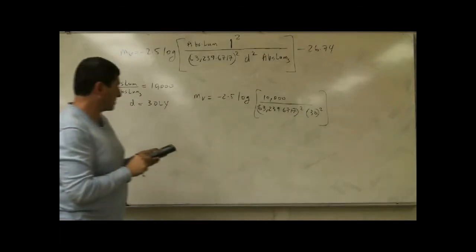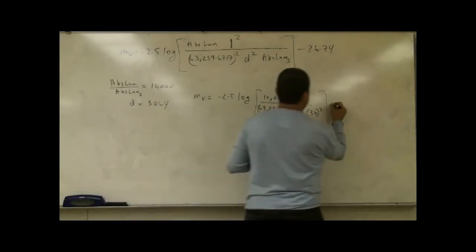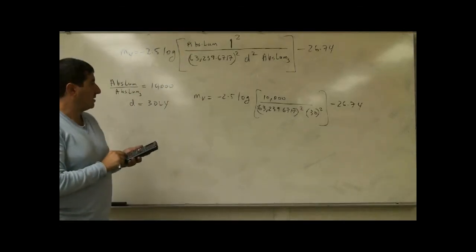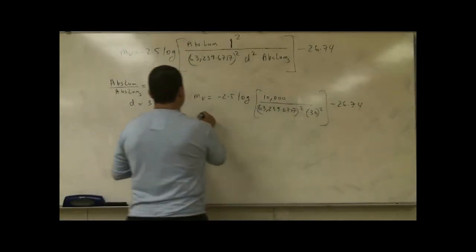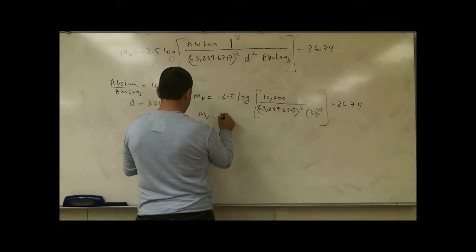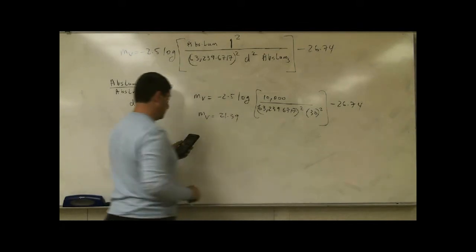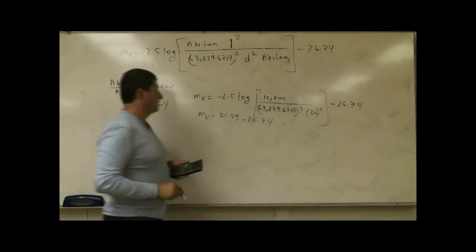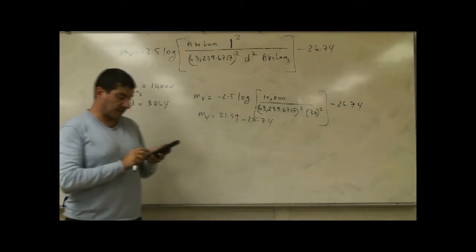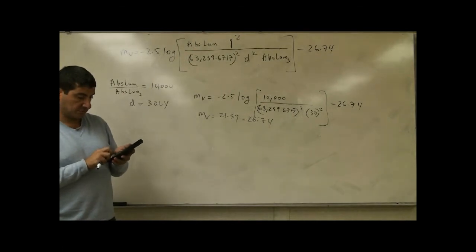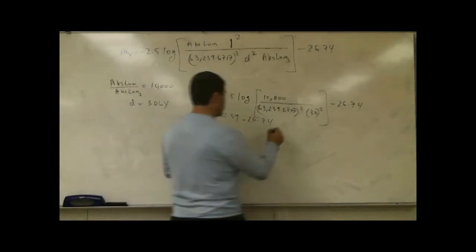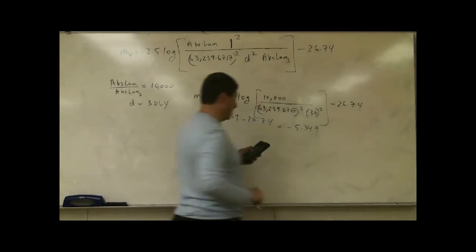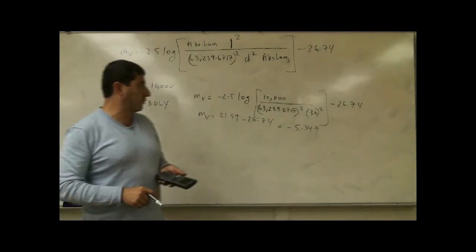Then we're going to put the -26.74. All this came out to be 21.39, and then minus 26.74. When you subtract that, you get negative 5.349.